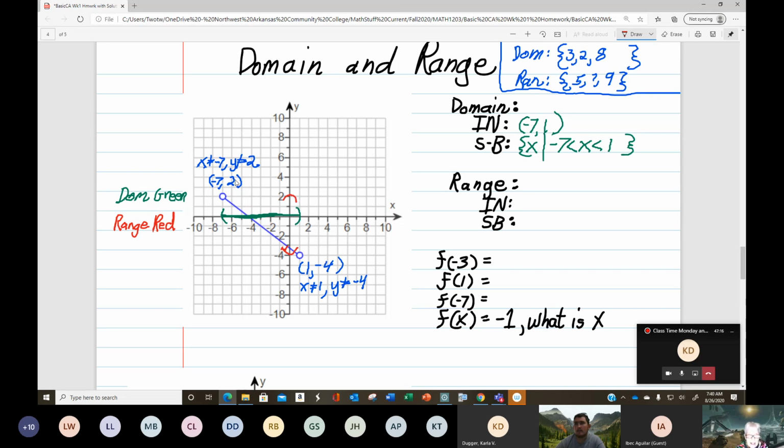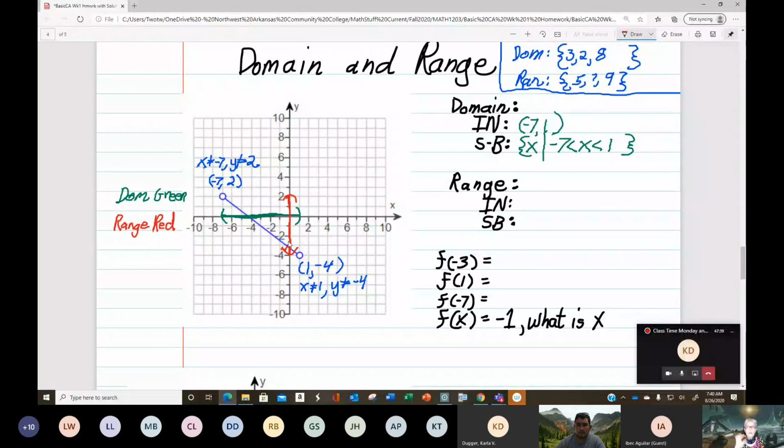And since y cannot actually equal 2 and y cannot actually equal -4, we use parentheses.